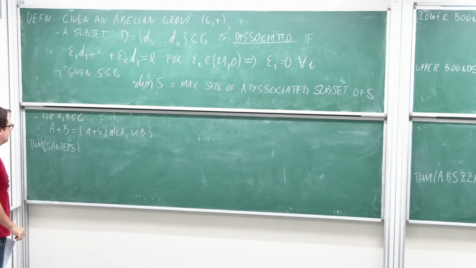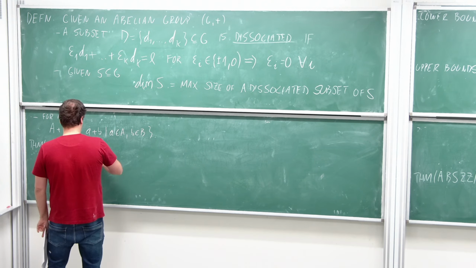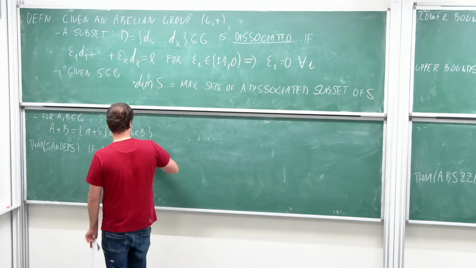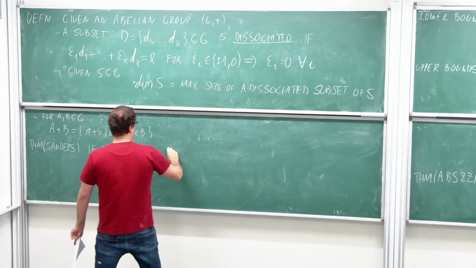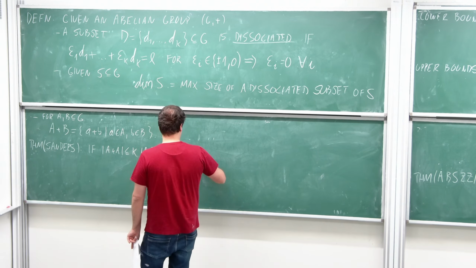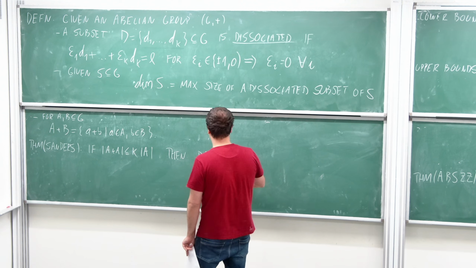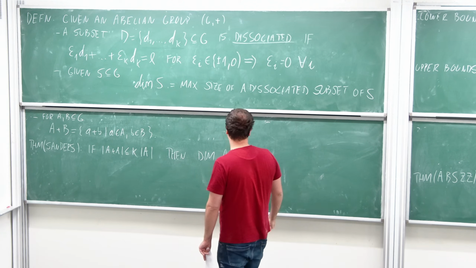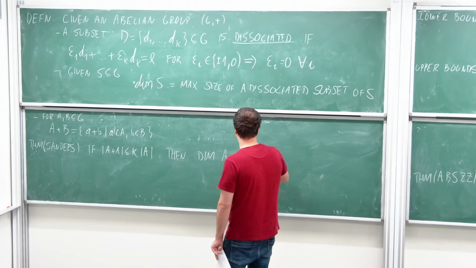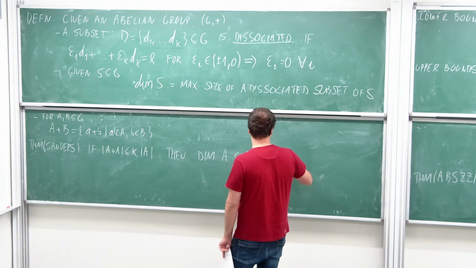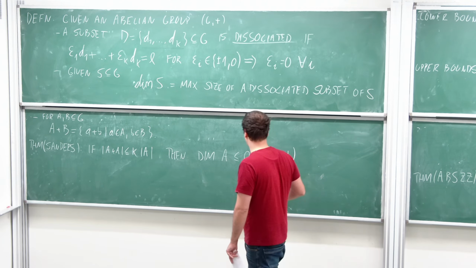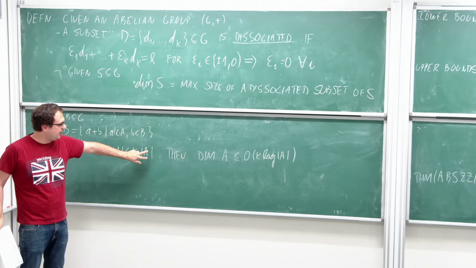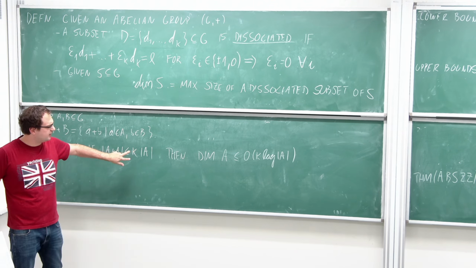What Sanders proved is that if the size of A plus A is at most, say, k times the size of the set A, then the dimension of A is at most big O of k times log the size of A. So k here you can let depend on the size of A. It's just an arbitrary number which you can pick.